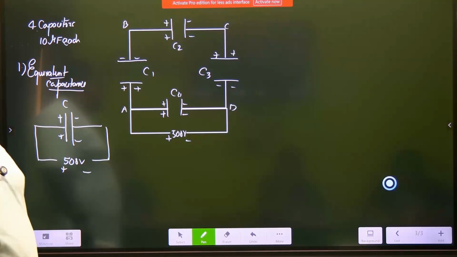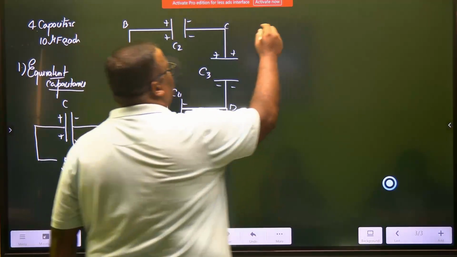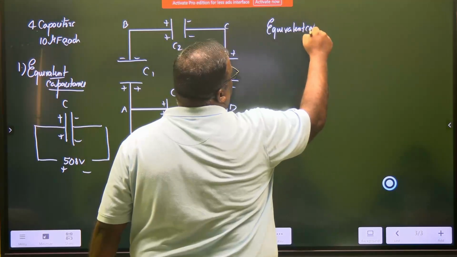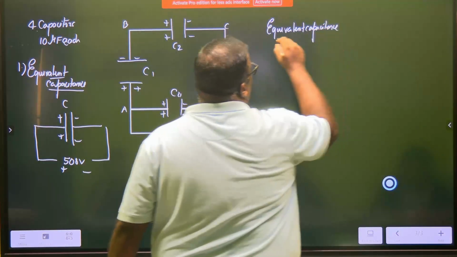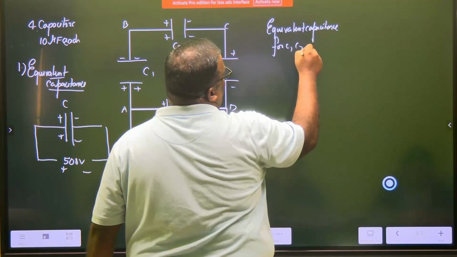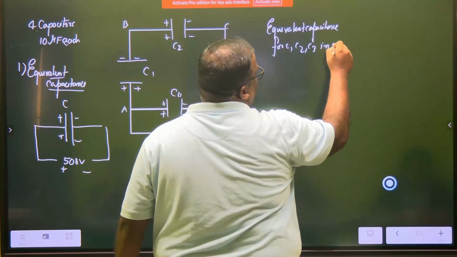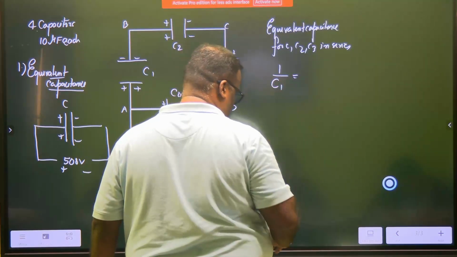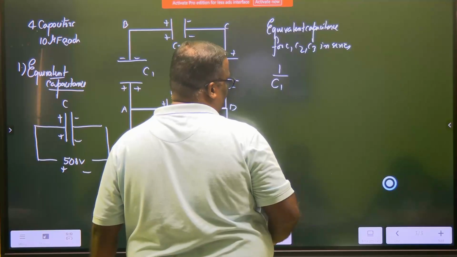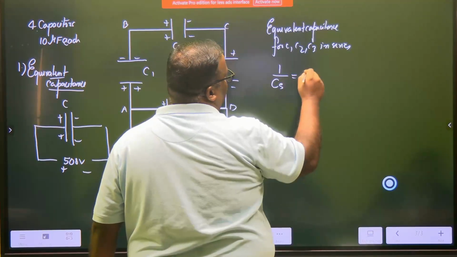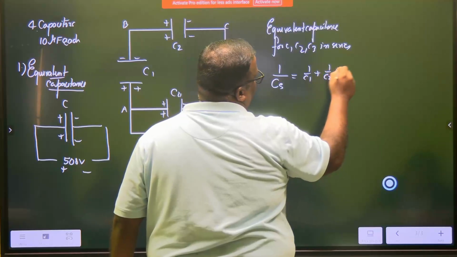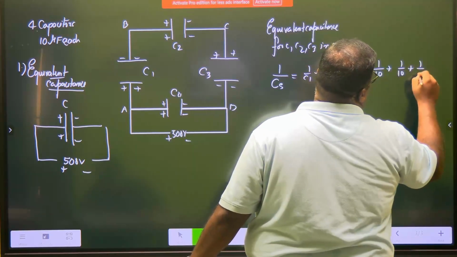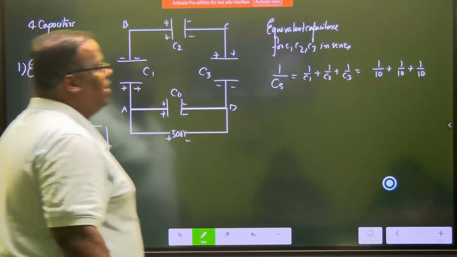In series, what happens? It's just the opposite of resistance. So the equivalent capacitance for C1, C2, C3 in series: 1 upon CS is 1 by C1 plus 1 by C2 plus 1 by C3, that's 1 by 10 plus 1 by 10 plus 1 by 10, in microfarad.